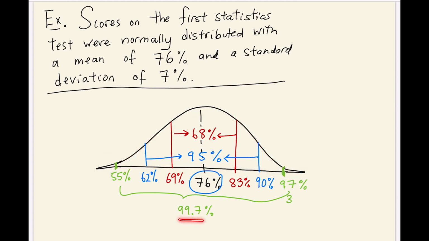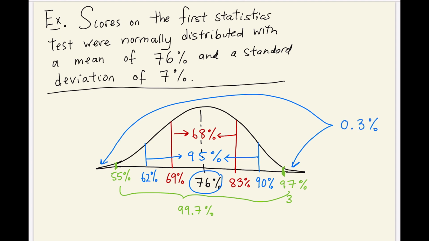Well, if 99.7% lie between 55% and 97%, then it must be true that between these two tails we have a leftover of 0.3%. And we can say that half of this amount, 0.15% of the test scores, lie above 97%.